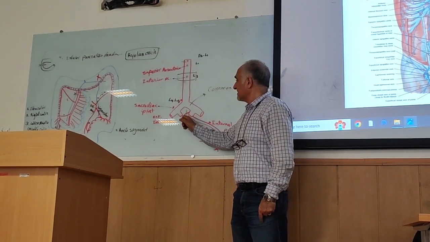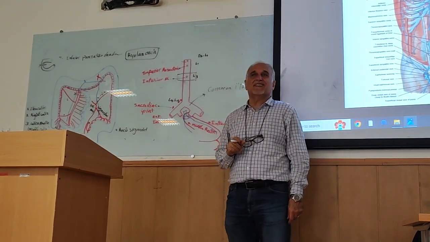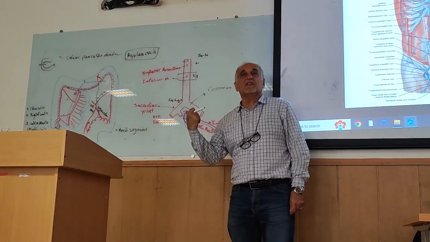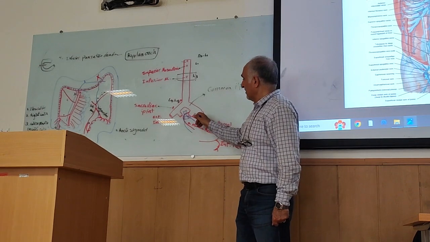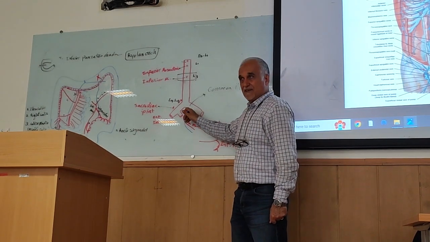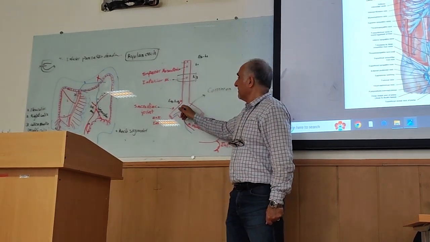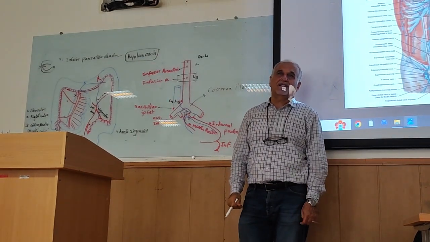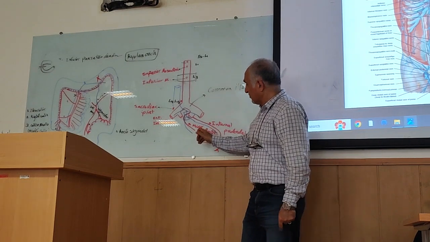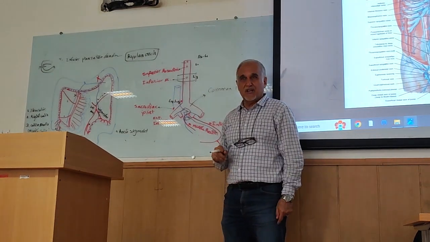Internal, excellent, to the internal iliac vein. The internal iliac vein joins the external on both sides and makes what? IVC.